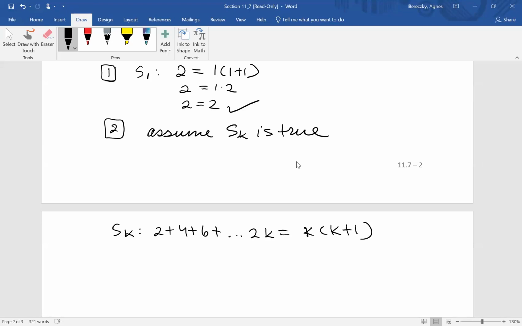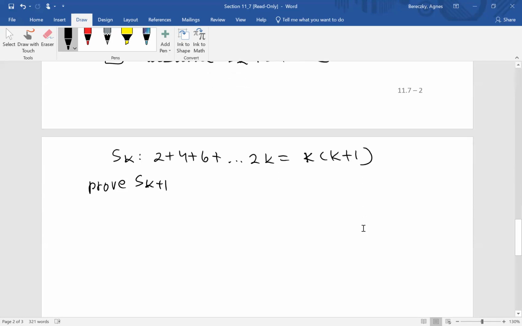That would be our Sk, and then we have to prove it for Sk plus 1.